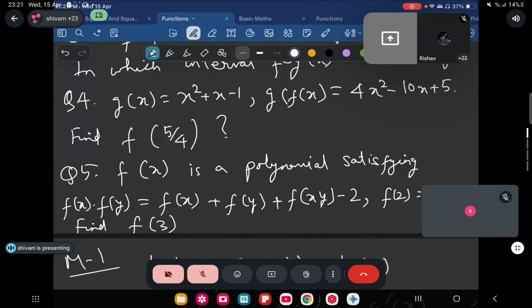So there are two ways to solve number 4, everyone. Pay attention. Sir, I'm sending, please wait. Asha, send. Number 4 is very easy, everyone. Quickly solve.